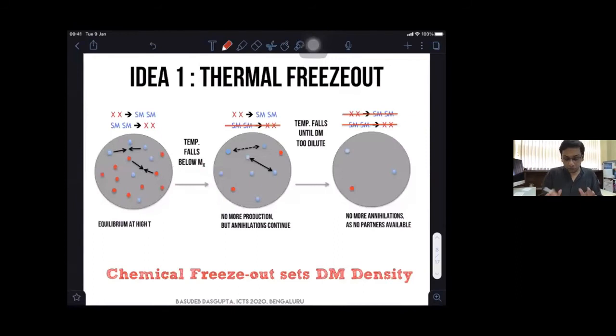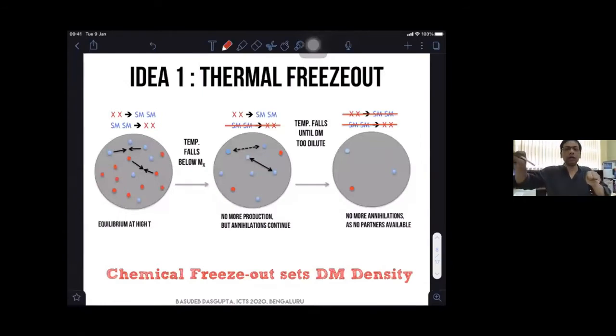Okay. But what happens is very interesting. The universe creates a non-equilibrium condition. The universe is continuing to expand, and then it expands to such a level that the density of dark matter becomes very low, and in the co-moving volume corresponding to, let's say, one mean free path, it does not find another dark matter particle.